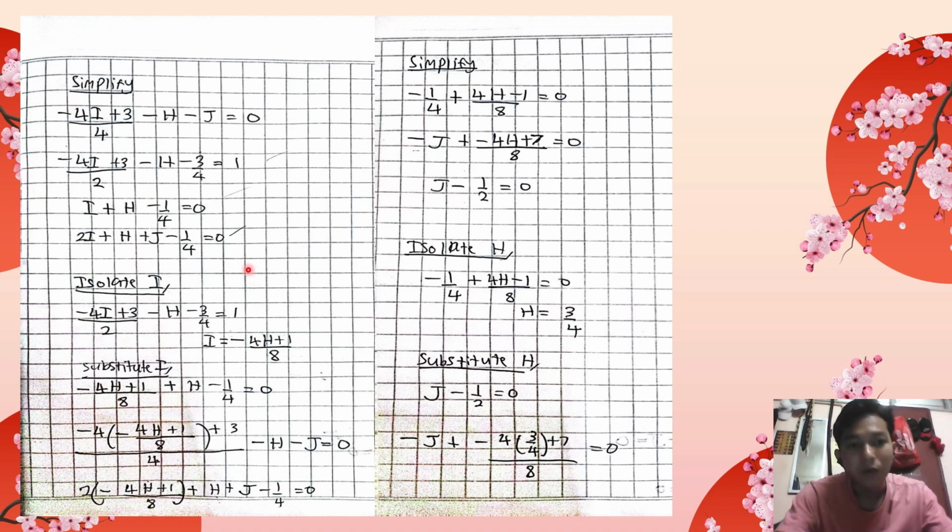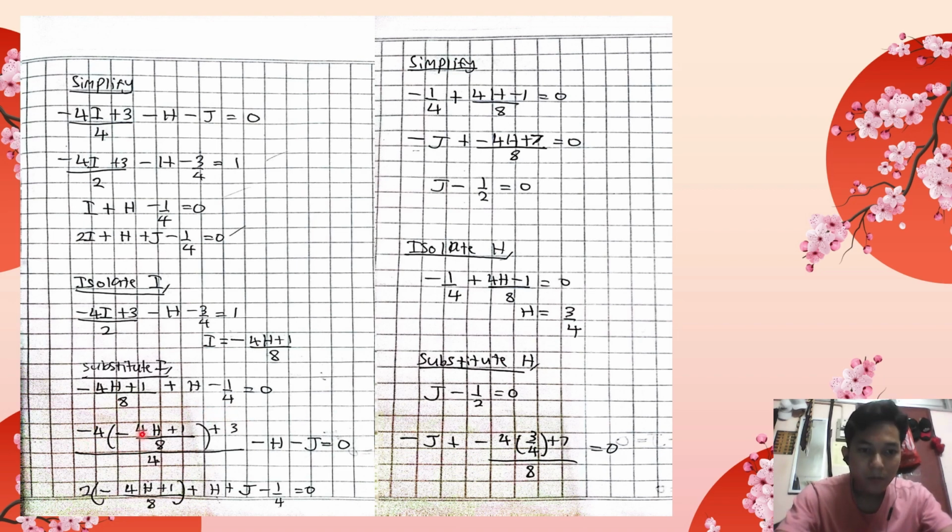And so now we can isolate i. From the equation negative 4i plus 3 over 2 minus h minus 3 over 4 equal to 1, i equal to negative 4h plus 1 over 8. Then we substitute i into the remaining equations: negative 4h plus 1 over 8 plus h minus 1 over 4 equal to 0.